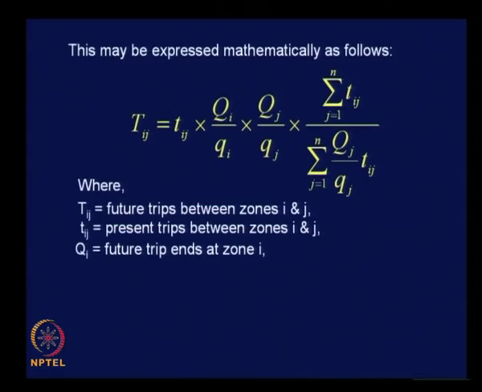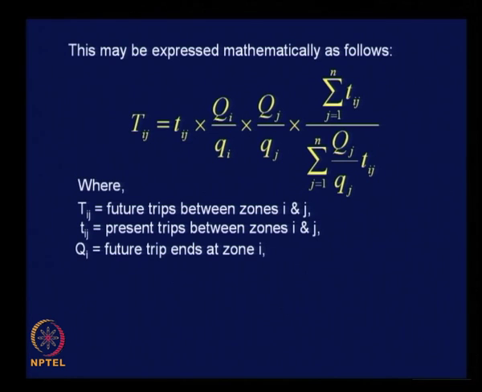So, at the end of trip generation analysis, you will know the value of Qi for horizon year condition, is it not? You will calibrate the model for base year condition and use the model to predict the trip production of each of the zones for horizon year condition. So, this value will be known to us before we do trip distribution for horizon year condition.